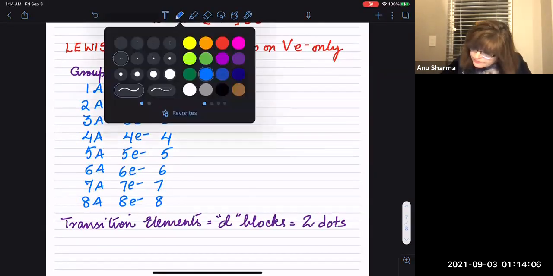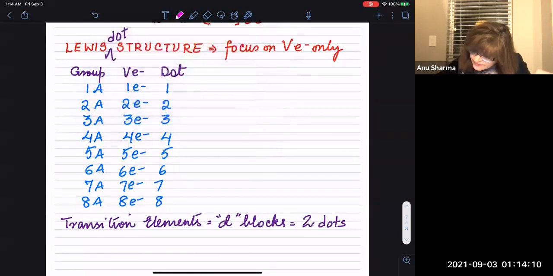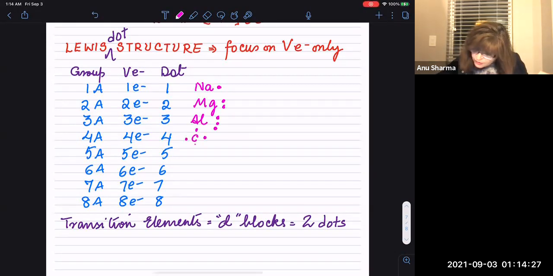Let's look at sodium, for example. Sodium will have only 1 dot. Then comes magnesium. Magnesium has 2 dots. Then aluminum. Aluminum has 3 dots. Then carbon. Carbon has 4 dots. Then the fifth group is nitrogen.